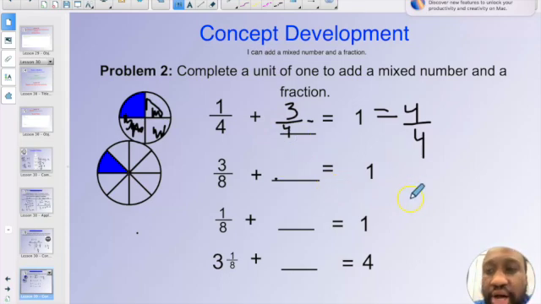I'm going to give about 2 minutes tops for you guys to figure out 3/8 plus what gives me 1 whole, 1/8 plus what gives me 1 whole, and 3 1/8 plus what gives me 4. All right?